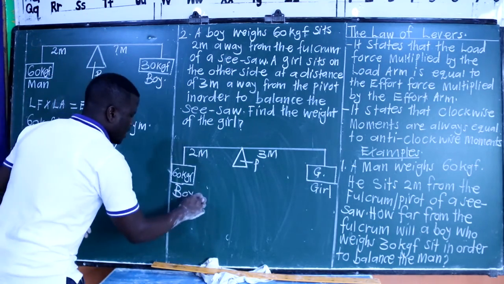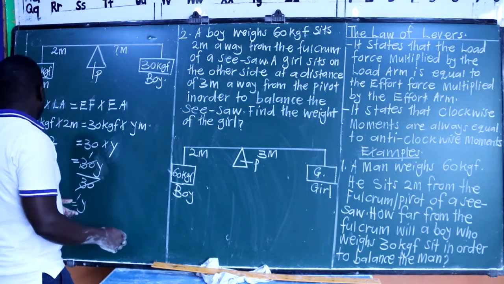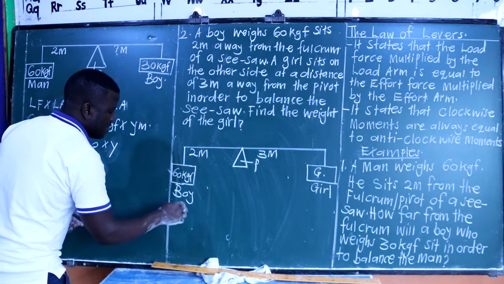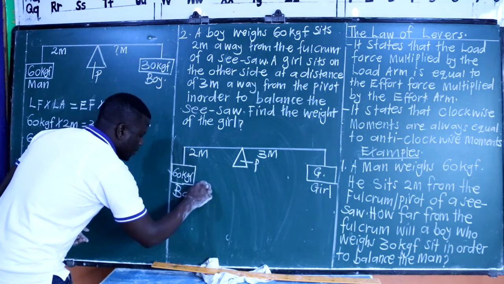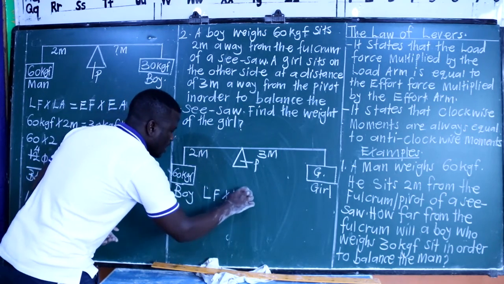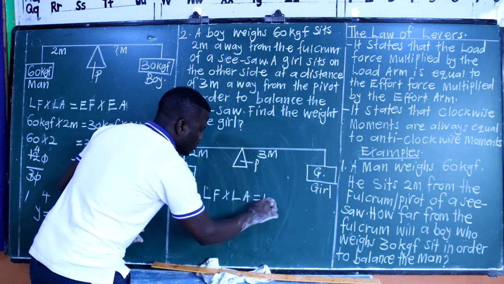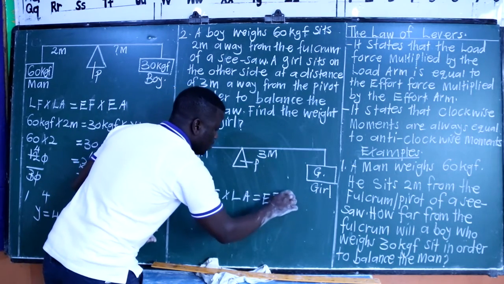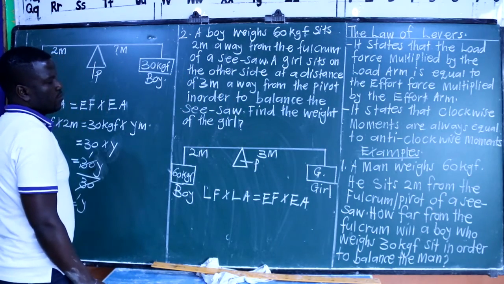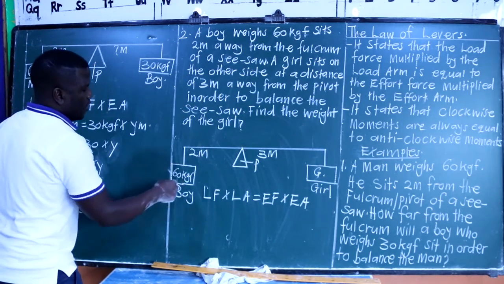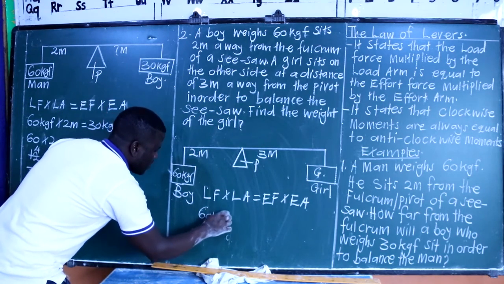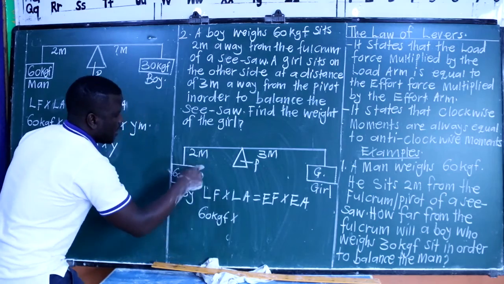We shall first state the law of moments or the law of levers, which says load force multiplied by the load arm is equal to the effort force multiplied by the effort arm. What is our load force? 60 kilogram force multiplied by the load arm.